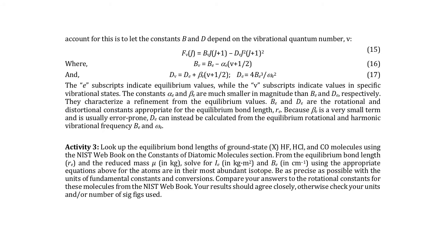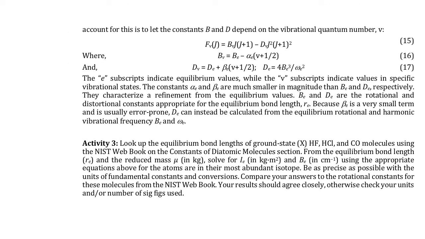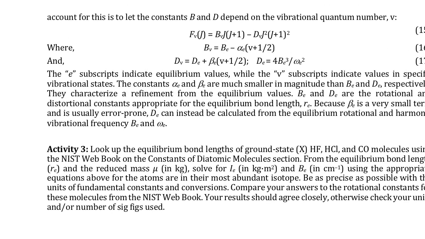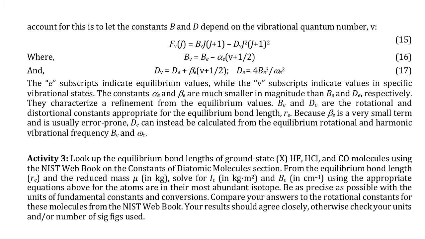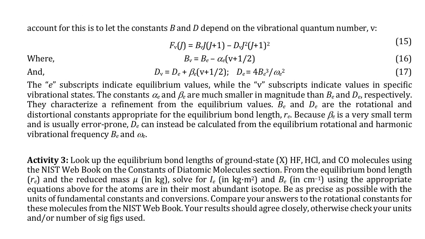These are correction terms for trying to describe some equilibrium value for the rotational constant, relating it to this correction parameter alpha, and the same thing for the distortion constant. There's actually a second way to solve for the distortion constant, as a relationship between the rotational constant and the harmonic frequency. This is probably the more useful equation for D_E that we'll use in this lab.